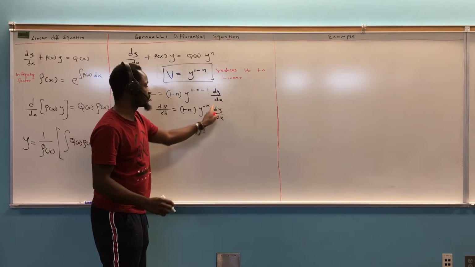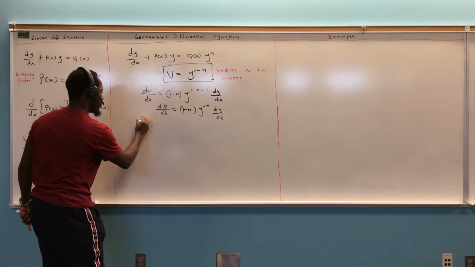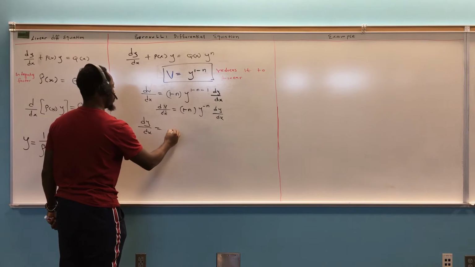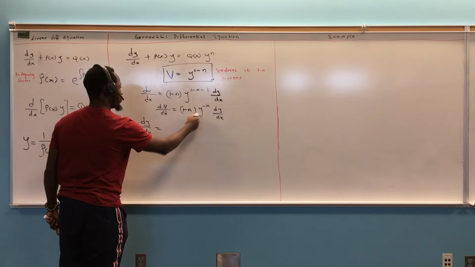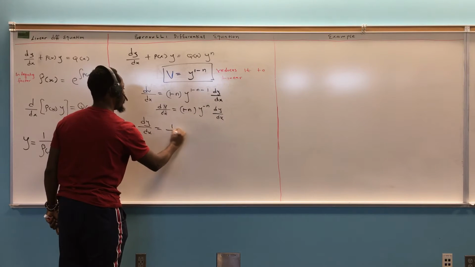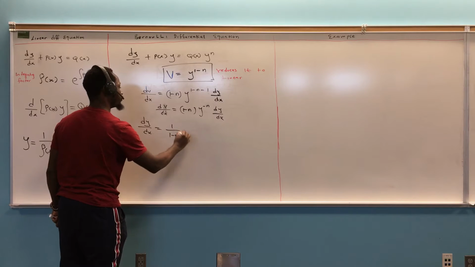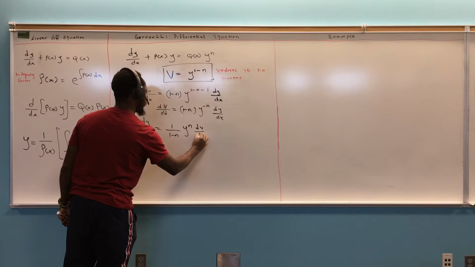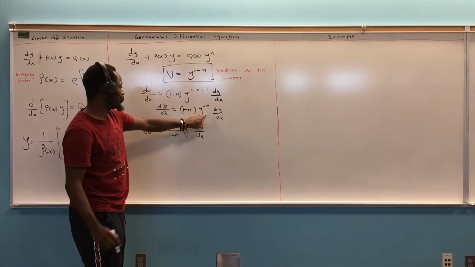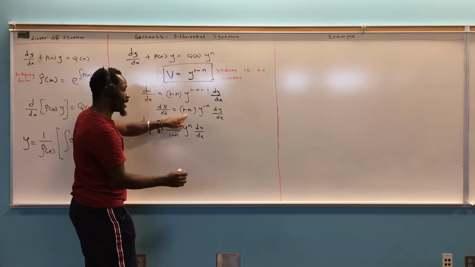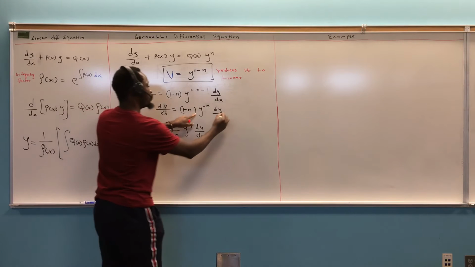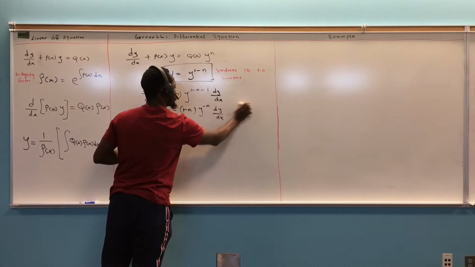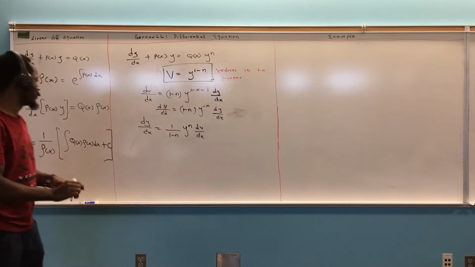Now I can make this subject, and I'll have dy/dx is 1 over 1 minus n, y to the n, dv/dx. I divided both sides by 1 minus n, and I multiplied both sides by y to the n. And that's how I got this.